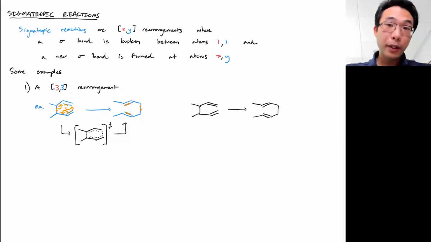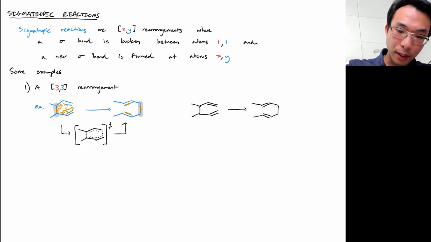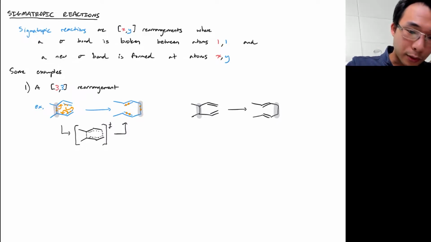Now let's look at the numbering that's used to come up with 3,3 here. What I care about is going from bond broken to bond made, which would be the bond broken, bond made in the second copy of that reaction. For my numbering, I'm going to go to the bond that's broken. That's going to be my 1 in red and my 1 in blue.